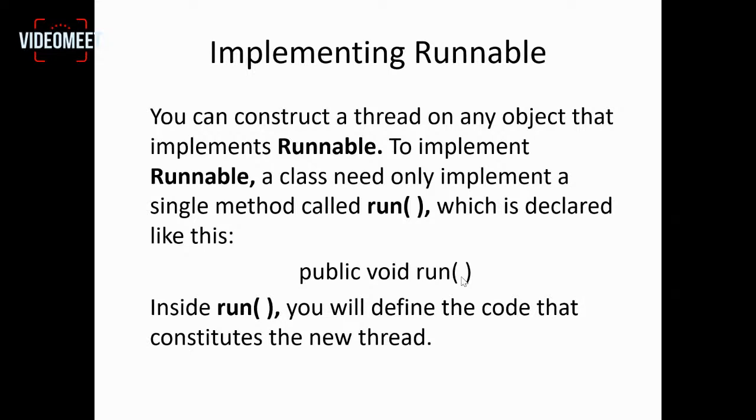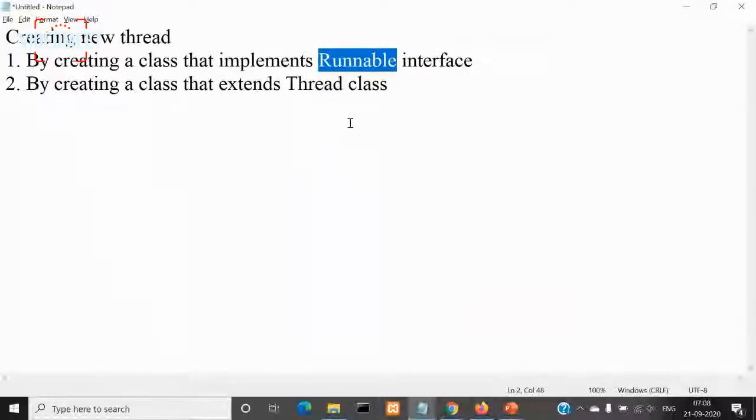So by creating a new thread, what you're going to do is, generally every program has a main method. Whenever we start executing this main method, and from there we call any other methods also, that will become part of the main thread.